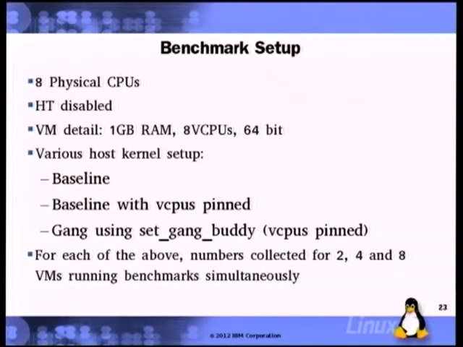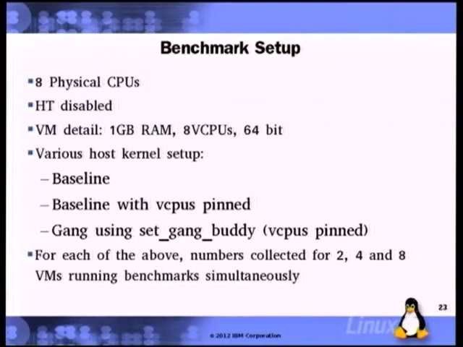We collected numbers for 3 different configurations: baseline, baseline plus the vCPUs pinned, and gang scheduling with the new scheduler hint. The baseline plus pinned was collected to see the implications of pinning with respect to gang scheduling.